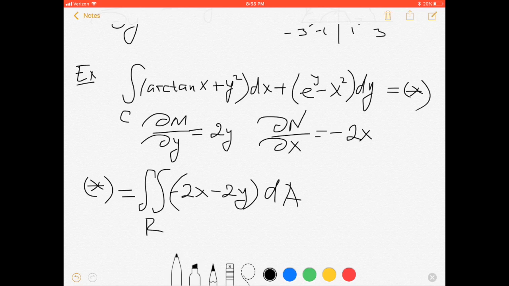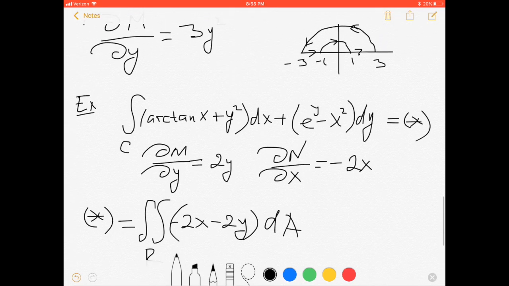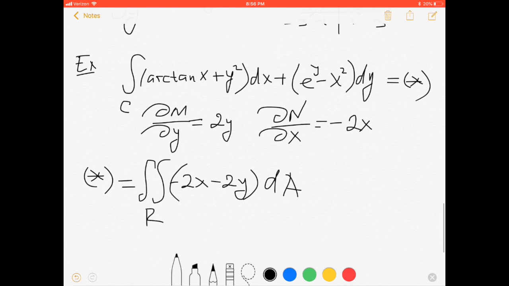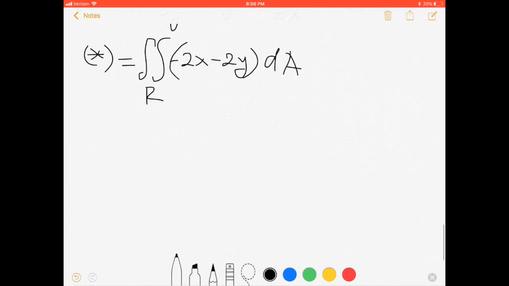for region R. Because the region for this situation is something between two circles, it's much better to move to the polar coordinate system. Because this is between two circles, this means r changes from 1 to 3, and because we have half of a circle, this means theta changes between 0 and pi.